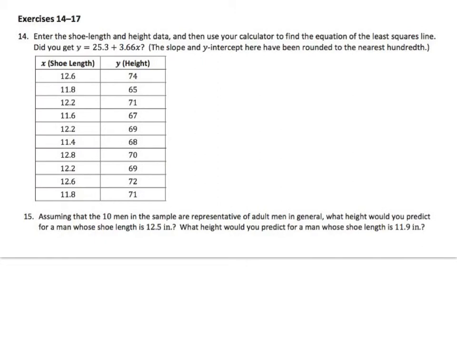All right, exercises 14 through 17. Enter the shoe length data and the height data and use your calculator to find the equation of the least squares line. Did you get y equals 25.3?